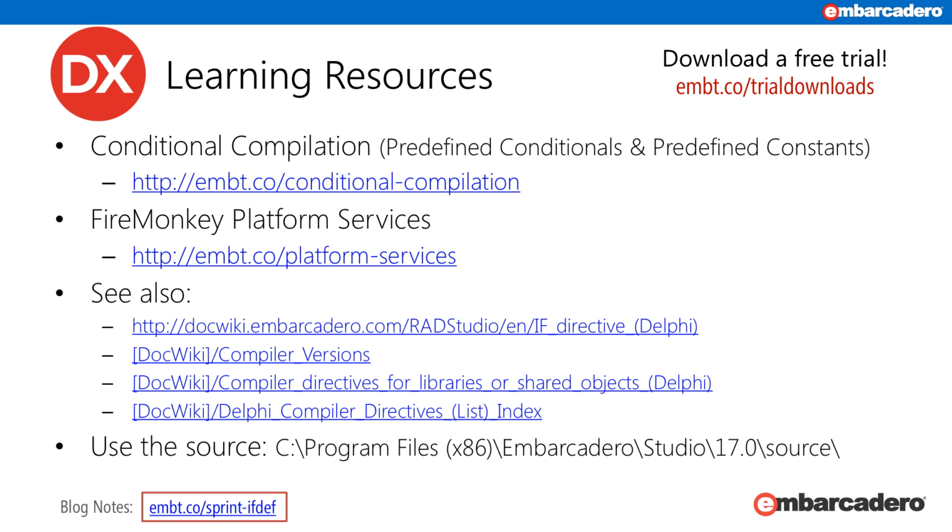You'll see that it has the conditional, which is VER300 for Seattle. If you take the first two digits of the number, 30, that's the compiler version. So version 29 was XE8, which is VER290. There's a few different version numbers, there's a reason for that, I'm sure. It's a little confusing, but you just look at that list there and you can find what you're looking for.